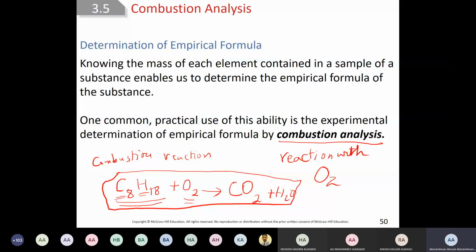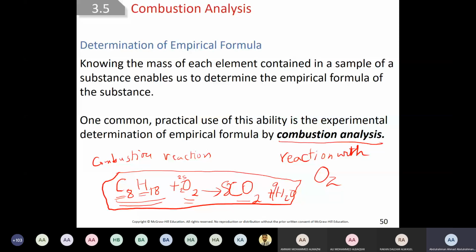Doctor, this is not balanced. We have 8 carbon on one side, and in the products we have just 1 carbon. Where are the other 7 carbon going? Multiply this by 8 and this by 9, and now it's balanced.